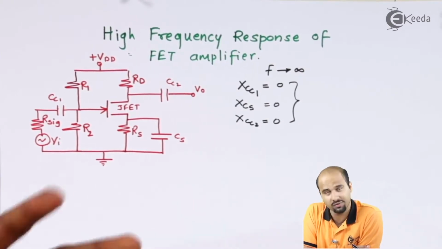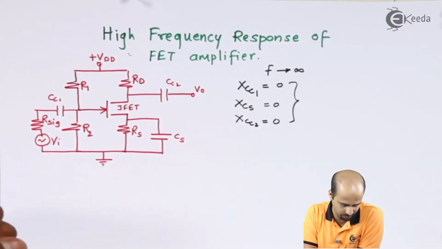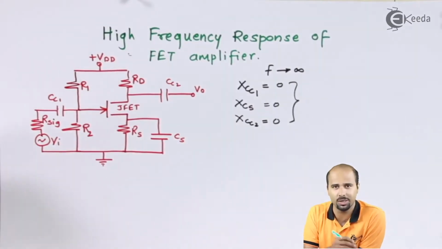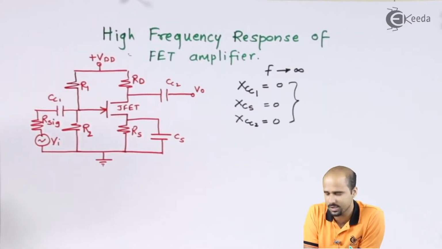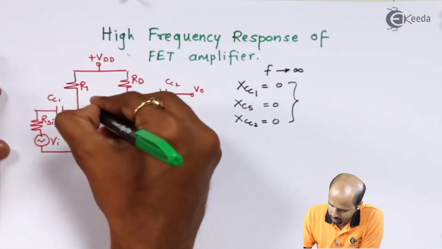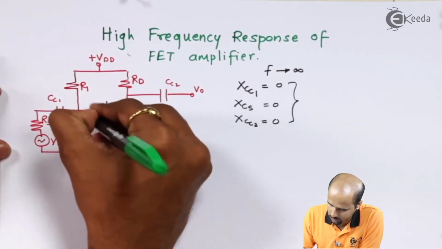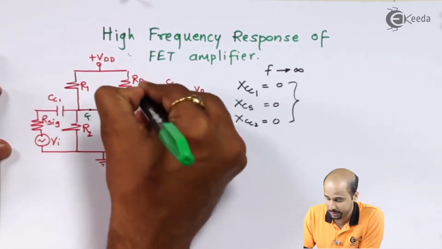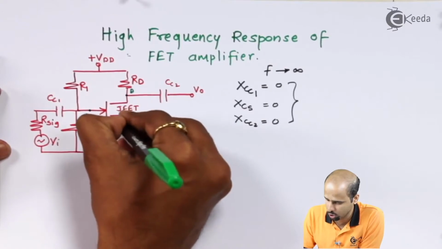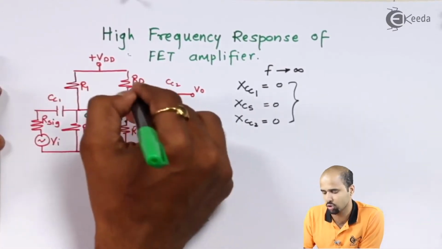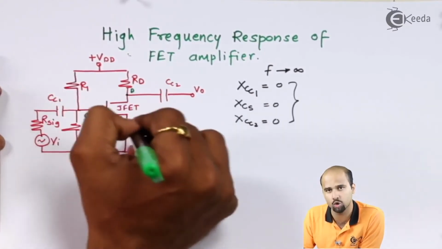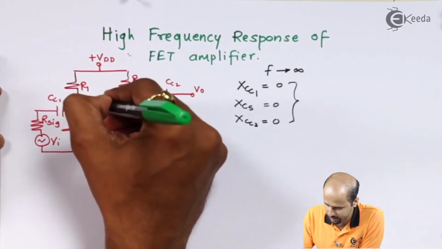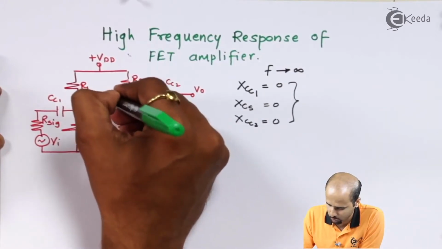But along with these capacitances, we have the junction capacitances or stray capacitances, that are nothing but connected from gate to drain, drain to source, and gate to source. So all these intrinsic capacitances we also have to consider.